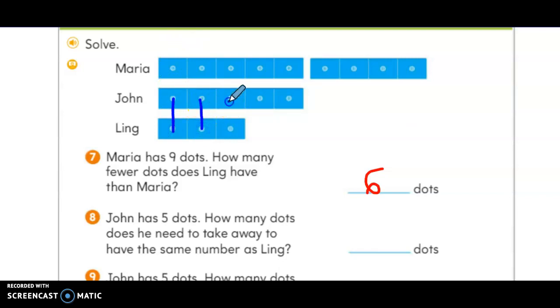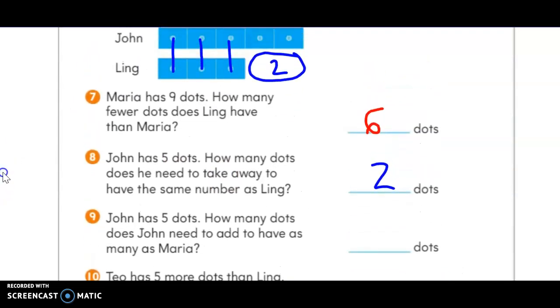These are the same. These are the same. Okay, here's the difference. Right here, how many? 1, 2. So John has to take away 2, right? He could chop those off right here. And then he would have the same. So he has to take off 2 dots. Good.